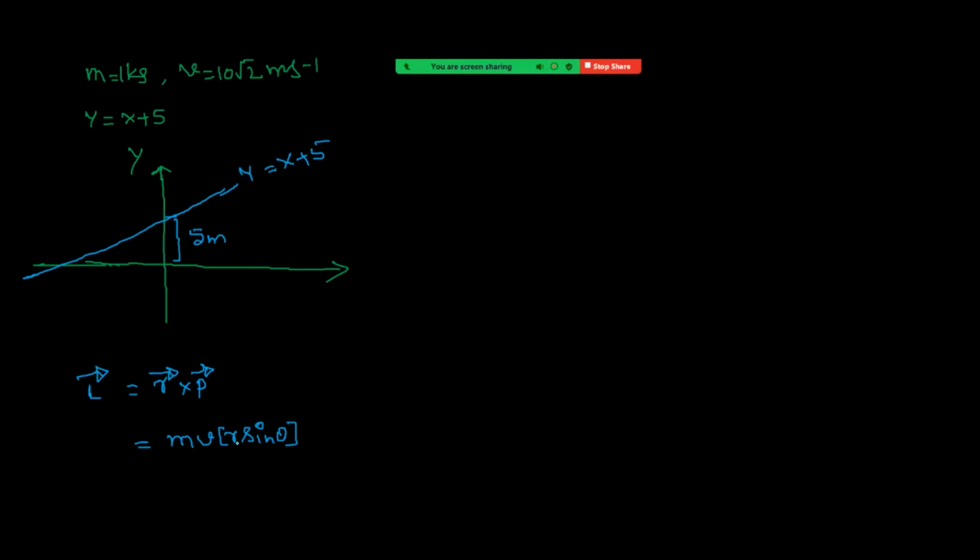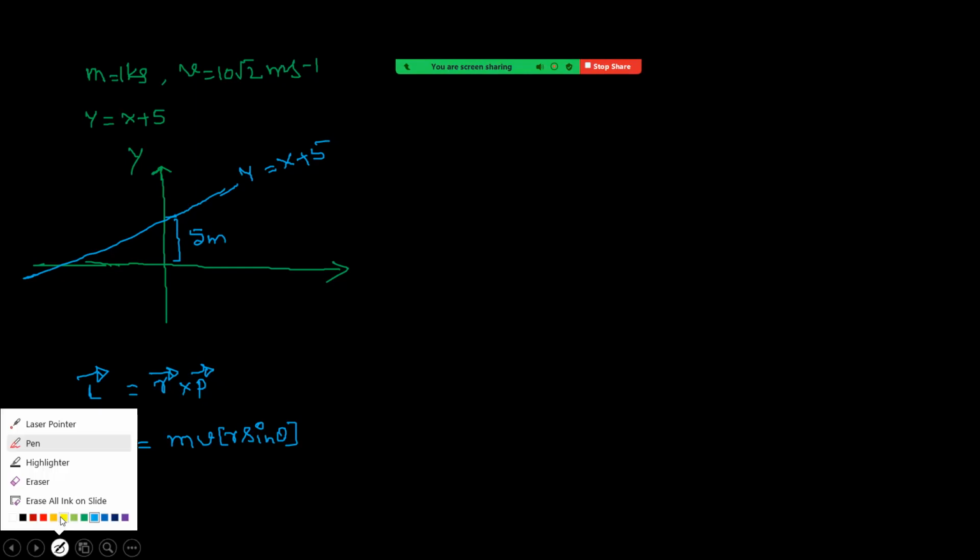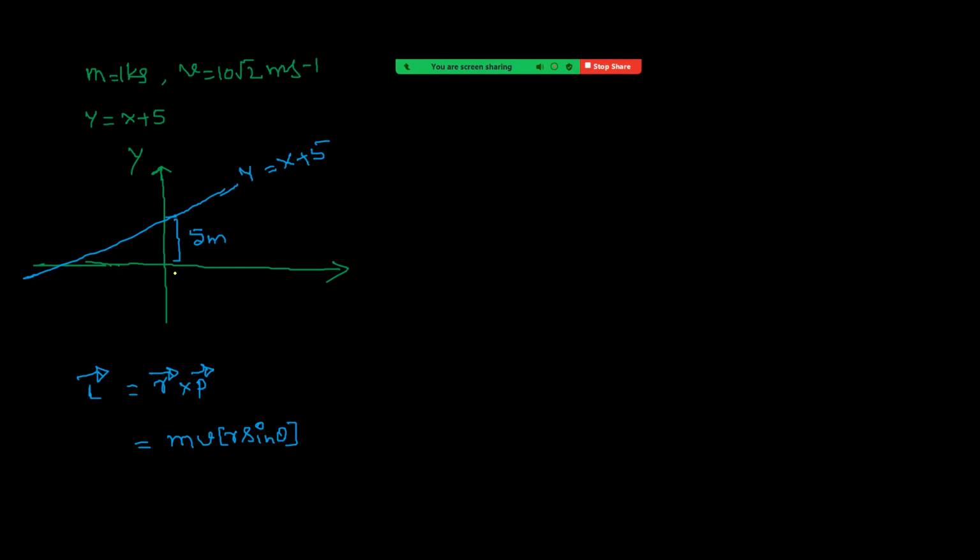And to find this R sine theta, you just imagine one line passing through the point, meaning the point about which we are calculating angular momentum. You just imagine one line. Okay. Now the separation between these two lines is r sine theta. Okay. And here slope is 1. Slope 1 means this angle is 45. Means this also 45, right? This is 90. This also 45.